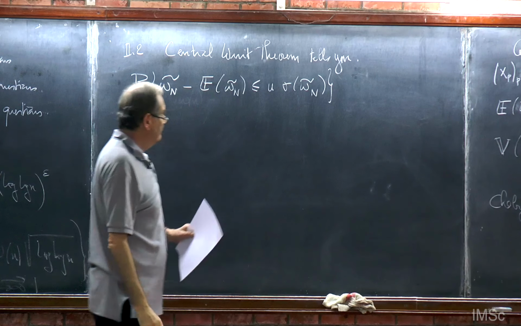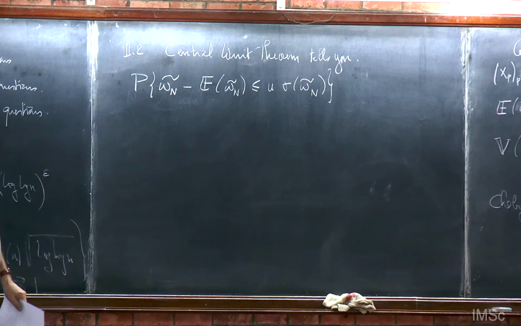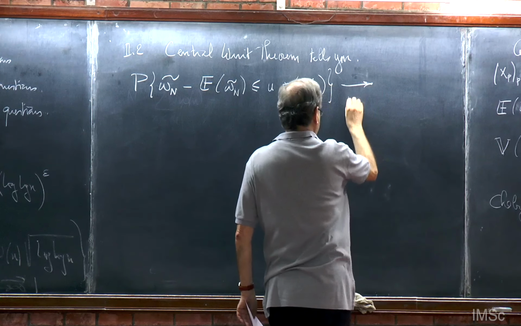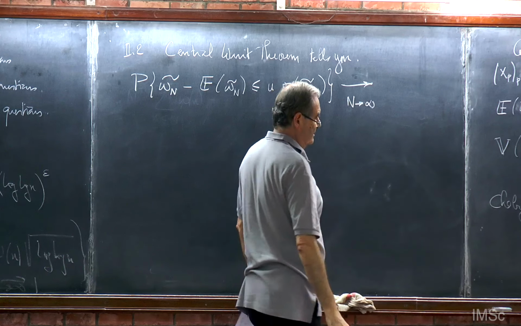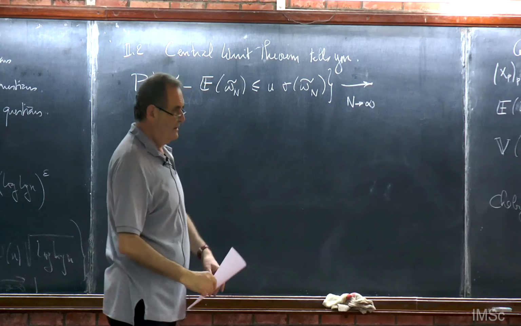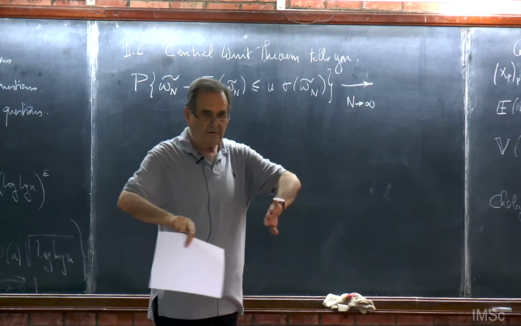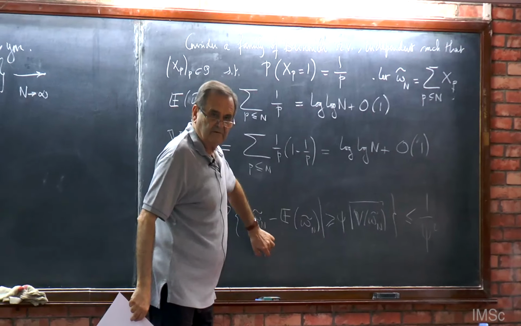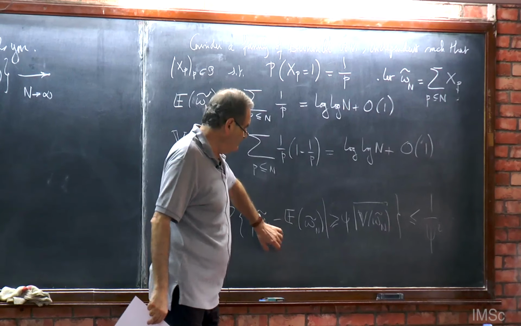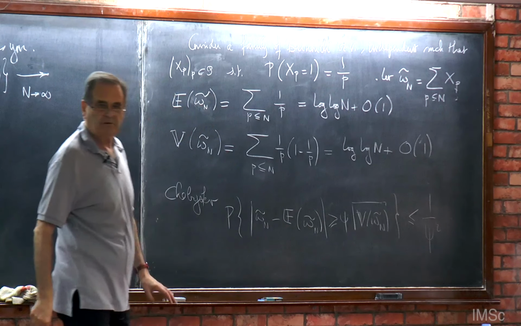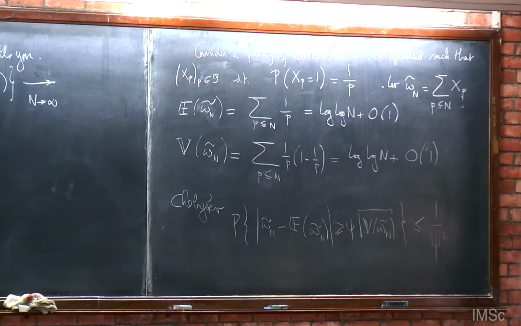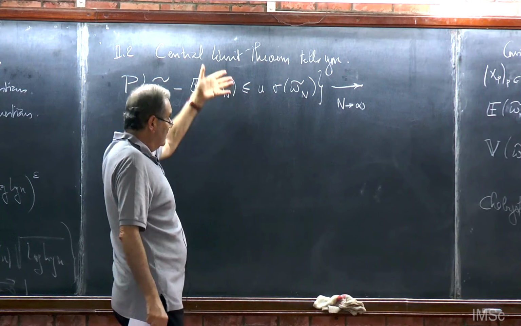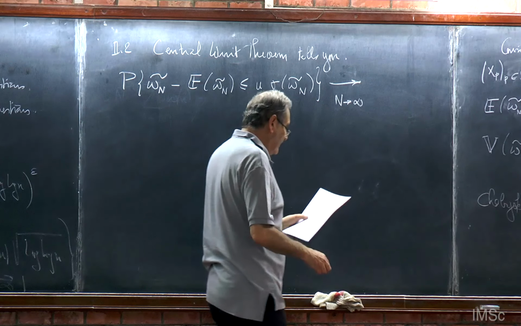It tells you that this probability, when n tends to infinity, you know exactly what the limit is. You see, here it said that if you are far apart from the central value, from the expectation, from the mean value, you don't have too many people. Here it tells you exactly, if you just normalize that, what this is.